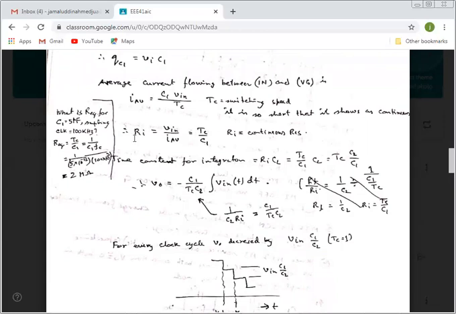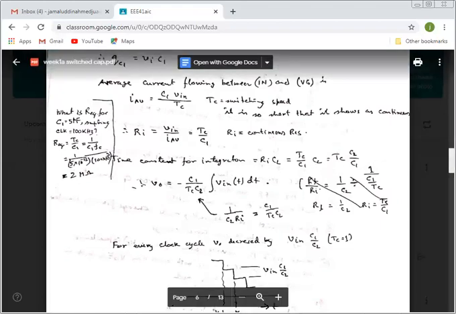So the higher the resistance, the lower the sampling frequency we need. T should be bigger, which means the frequency is smaller. So R1C2 is the time constant.